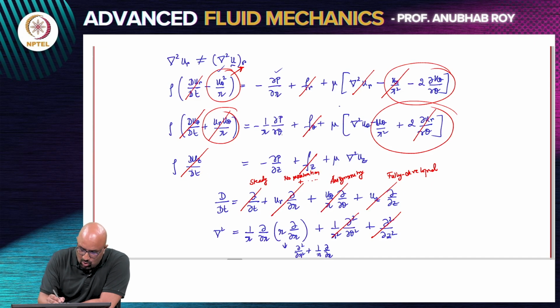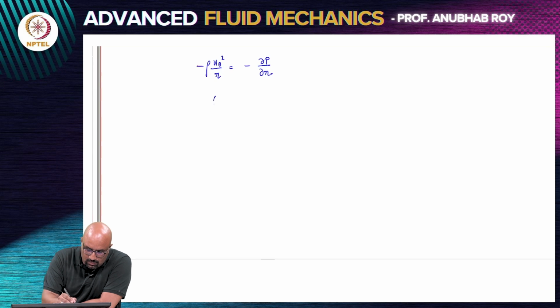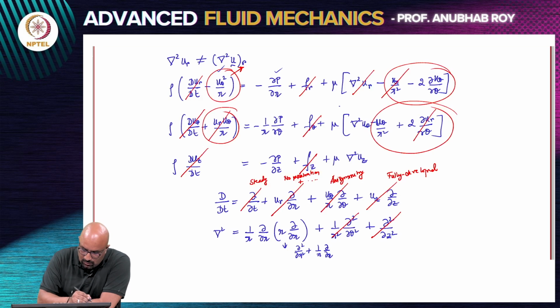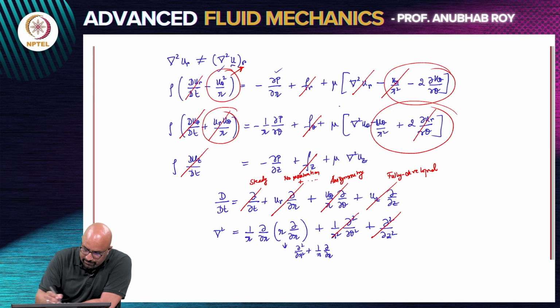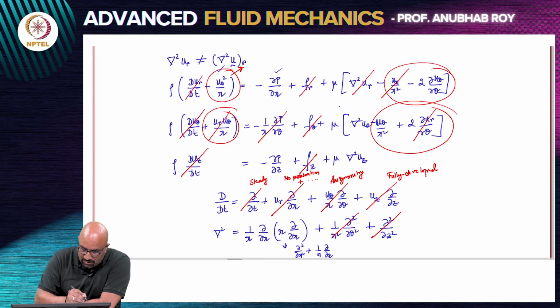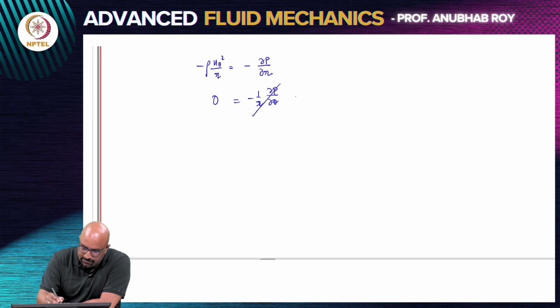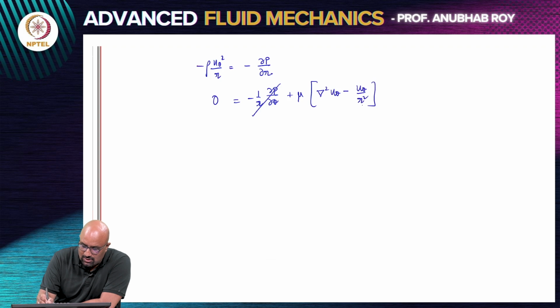In the azimuthal direction, you have minus 1 by r dou p dou theta, but then I have axisymmetry, so that term is also absent, and so I have mu times del square u theta minus u theta by r square.